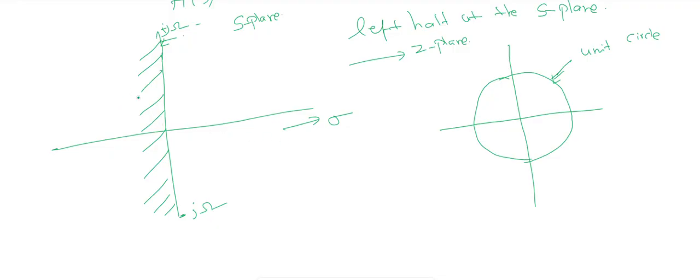The left half of the S plane is mapped into the interior of the unit circle in the Z plane. So a stable analog filter is converted into a stable digital filter.